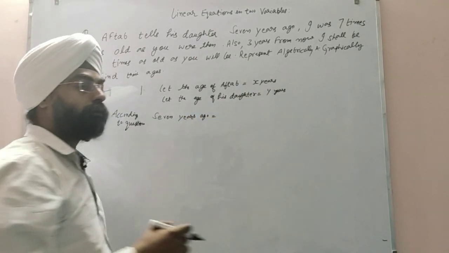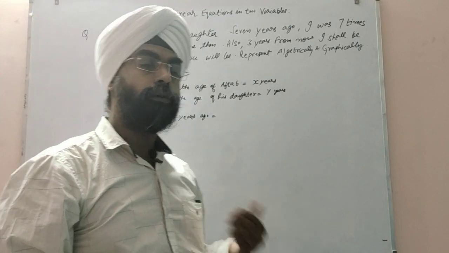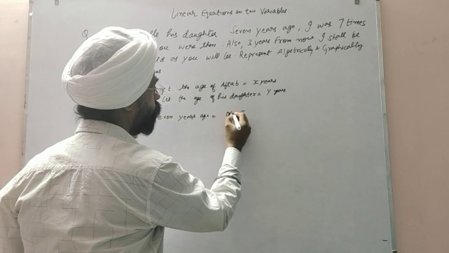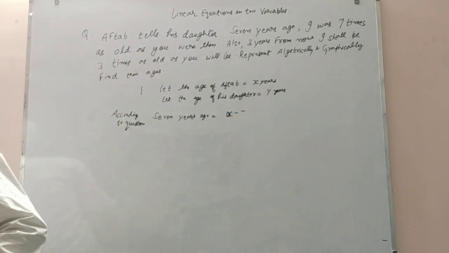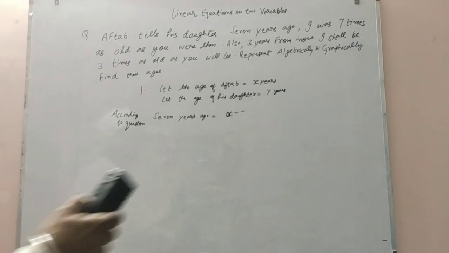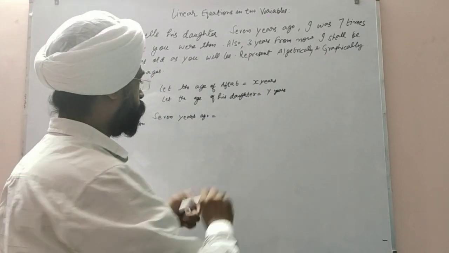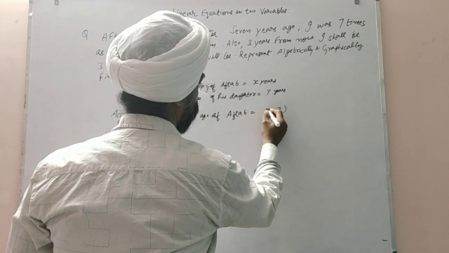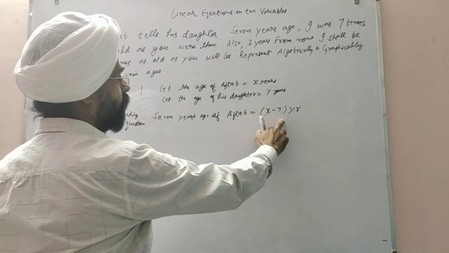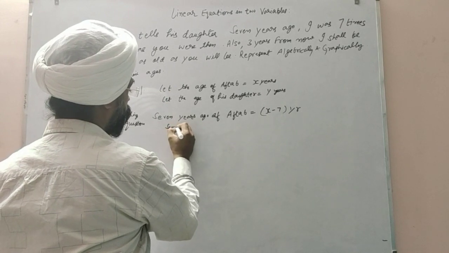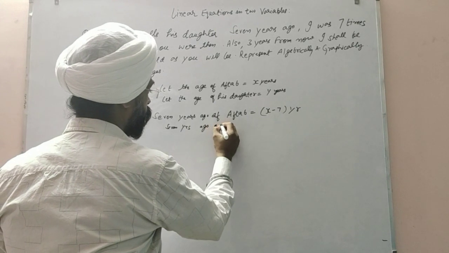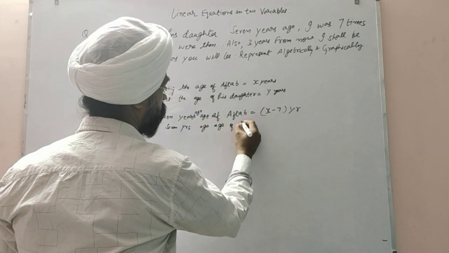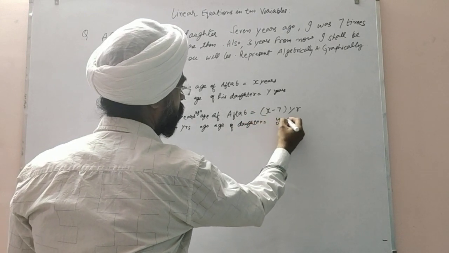Whenever you are talking about the past tense, 7 years ago, you need to minus. 7 years ago, age of Aftab is x minus 7 years. 7 years ago, age of daughter will be y minus 7 years.